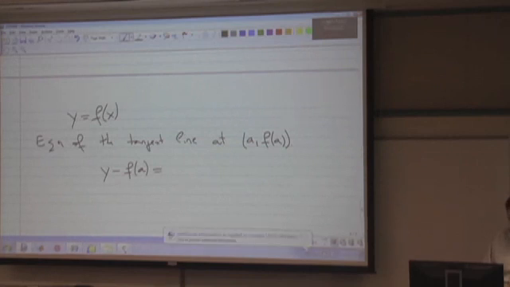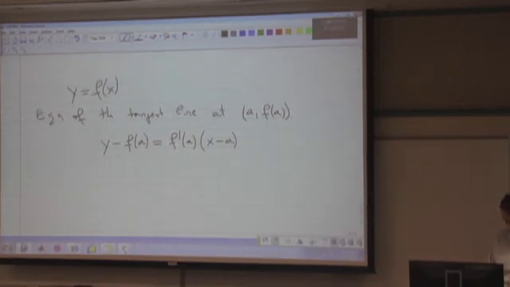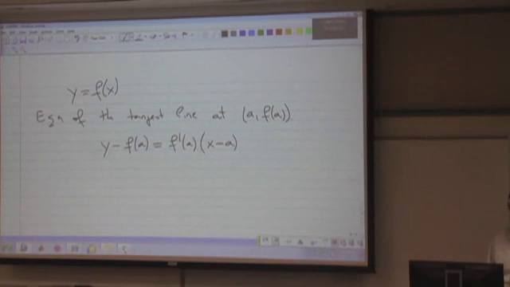F prime of A times x minus A. Right? So everybody remembers that? That's the equation of the tangent line. I mean, I would assume that we've done so many so far. That's a big assumption. Okay, from here, y is equal to f of A plus f prime of A times x minus A.